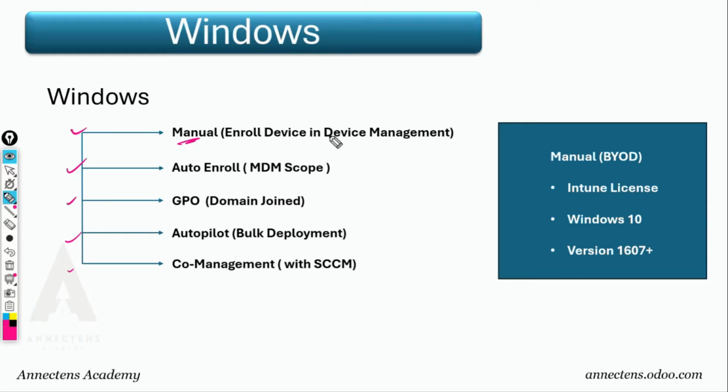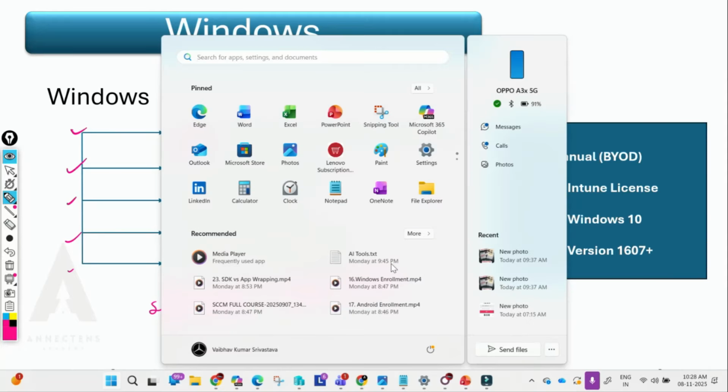So manual device enrollment is something where you go to Start. I think everyone is using Windows. So when you go to Start and then to Settings, from there you go to Access work or school. Let me show you if I can share this here.